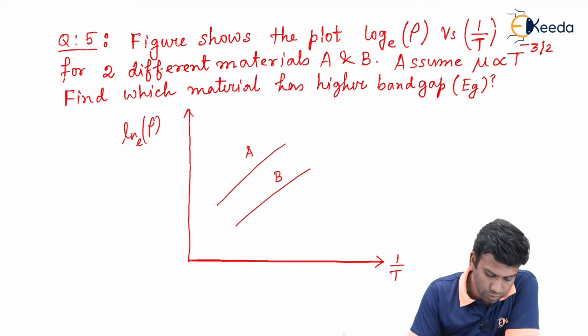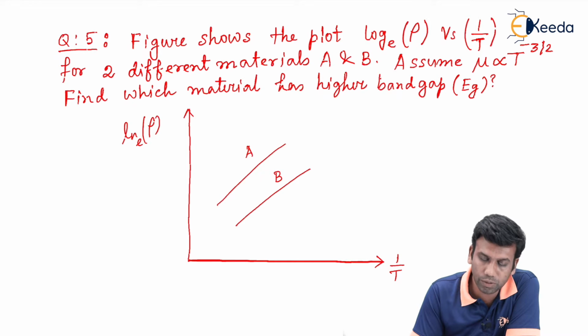The figure below shows the plot of ln rho versus 1 by T, where rho is the resistivity of the materials, for two different materials A and B. Assume mu, that is mobility, is proportional to the temperature to the power minus 3 by 2. Find which material has higher band gap, that is Eg.